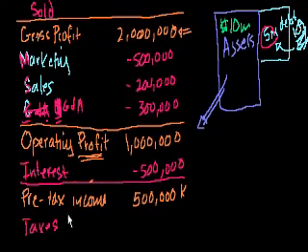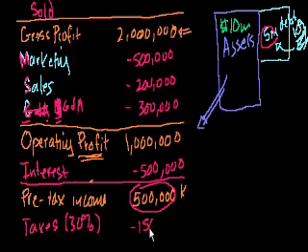Taxes. Let's say that it's a 30% corporate tax rate. So you're going to take 30% of this number right here. 30% of 500,000 is $150,000. And then we are done. We finally have paid off everybody we need to pay off.